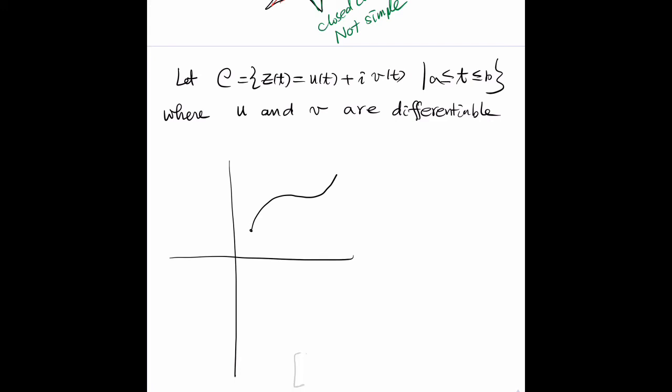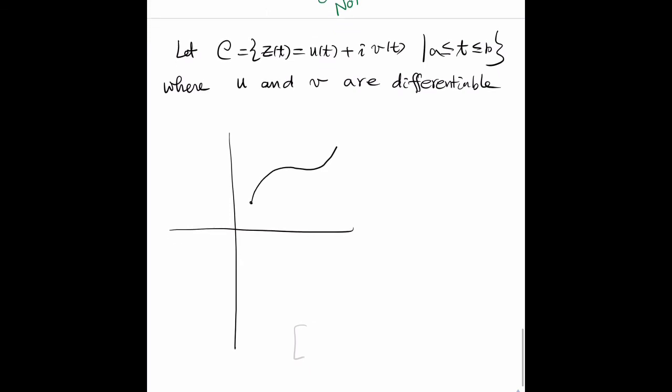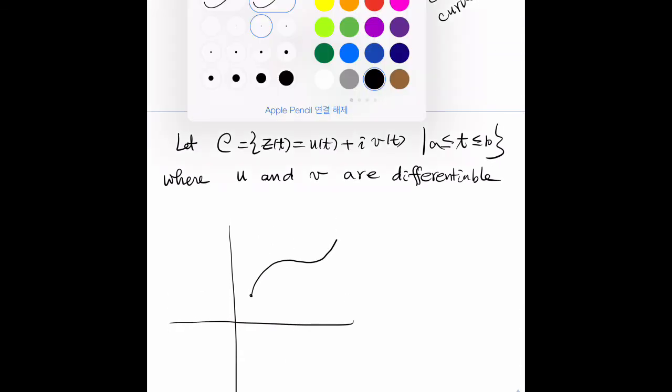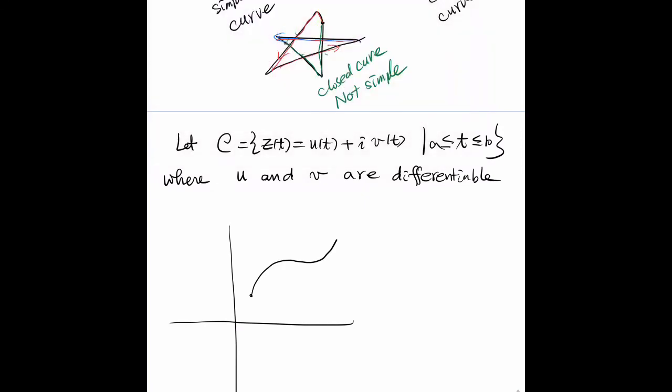Let me draw a line here. Anyway, let me use a different color here. Okay, here's a line. So I have a and b.